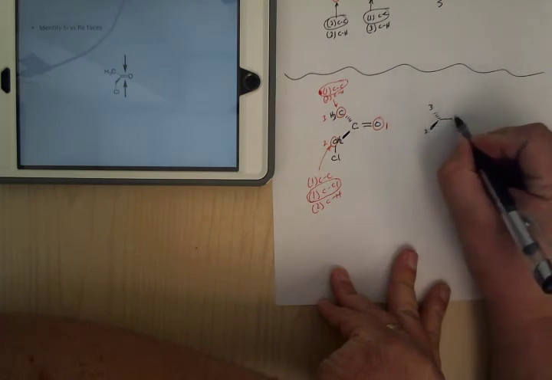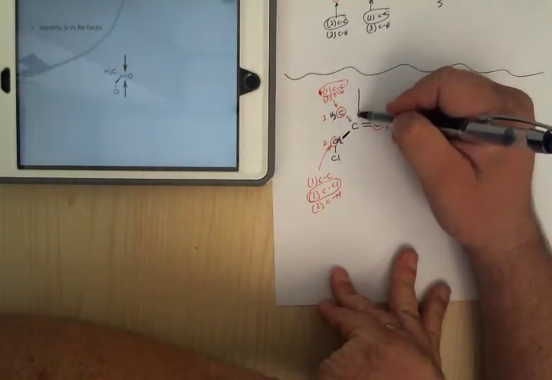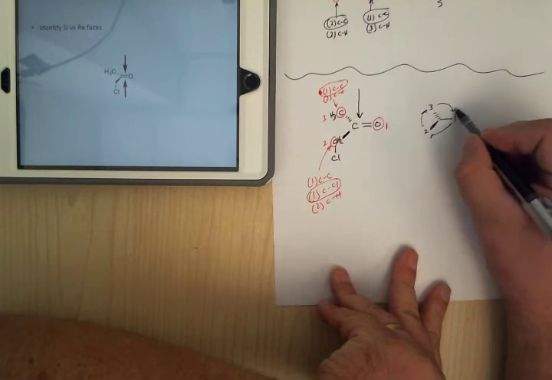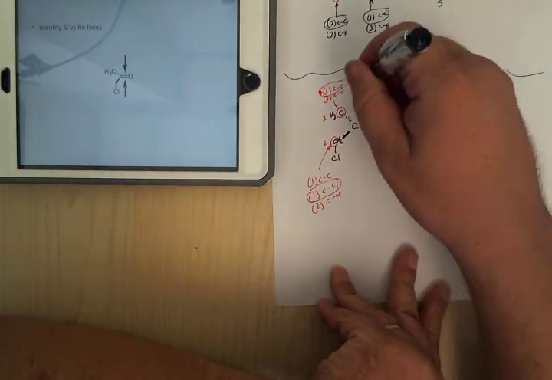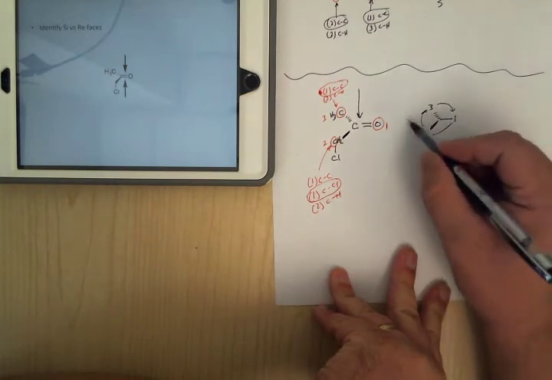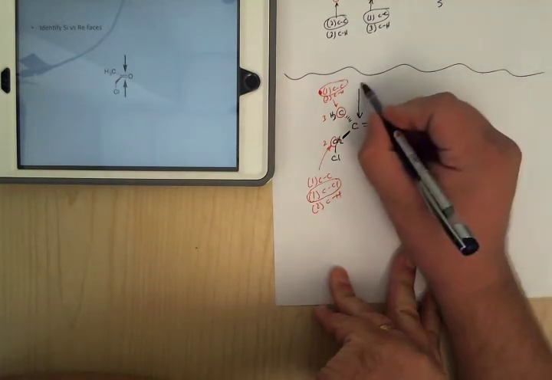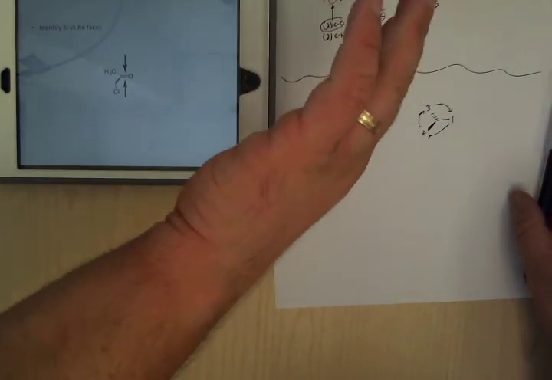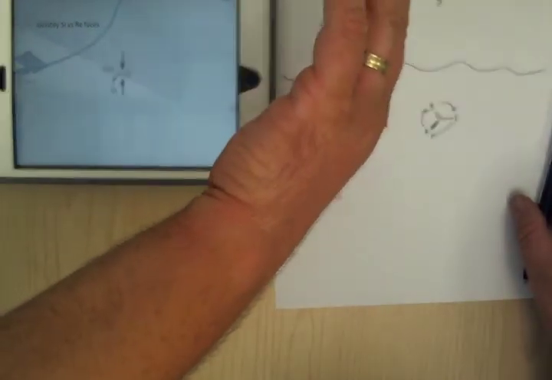So it would be 3, 2, 1. If we're interested in that face, looking down on that face, it's going clockwise, so that means it's the Re. If you're doing the hand method, your thumb is going to point to the face that you're interested in.